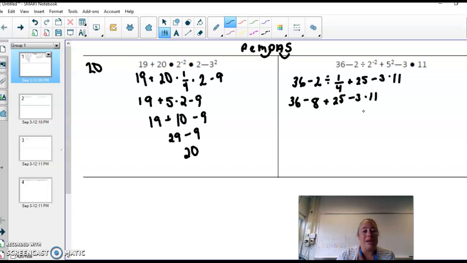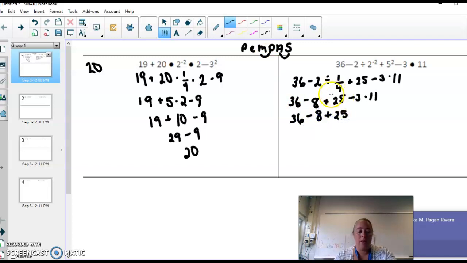You can see that I'm basically doing one step each time. Okay, again, return to PEMDAS. Parentheses, exponents. Okay, look for your multiplying and dividing. Three times 11 is 33.